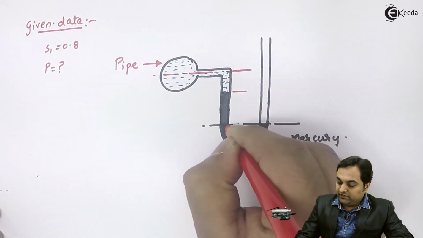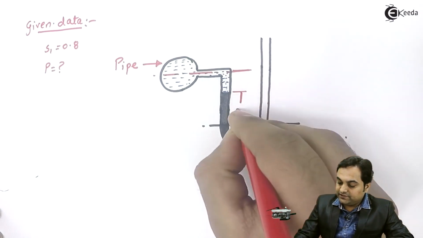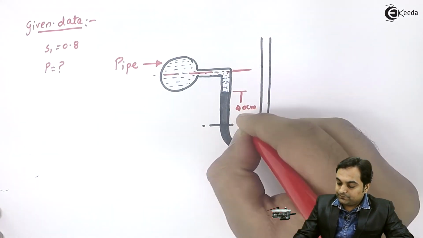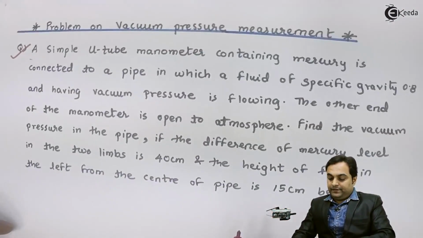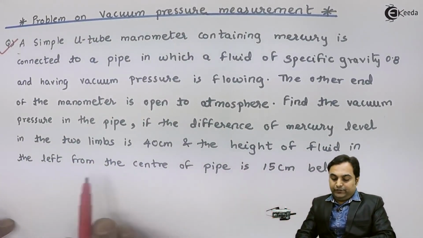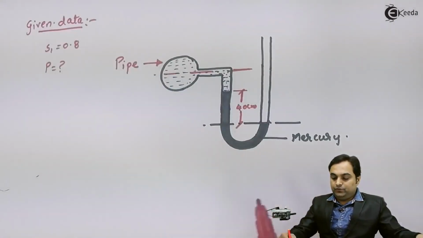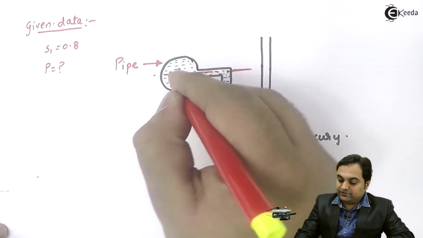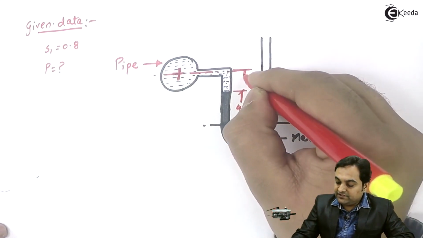So the mercury level, if I measure from this surface, 40 centimeter is the level difference. Next, the height of the fluid in the left limb from the center of the pipe is 15 centimeter below. So from the center of the pipe, the fluid is 15 centimeter below.